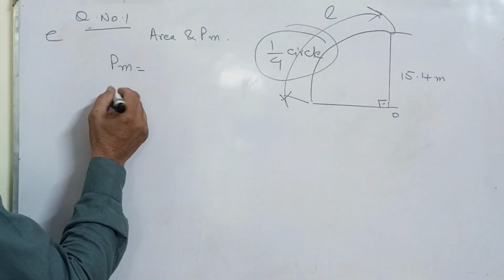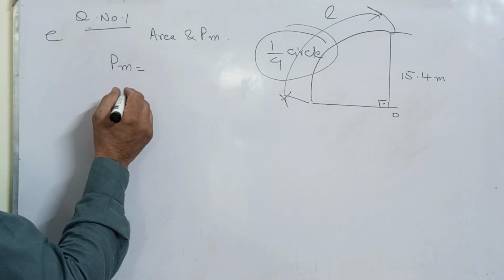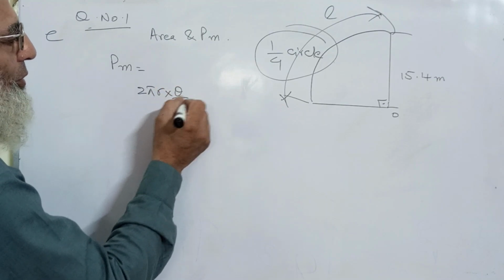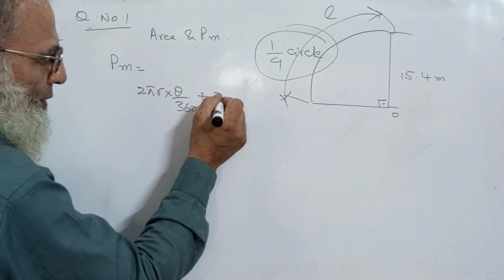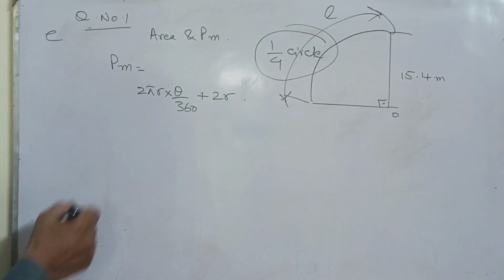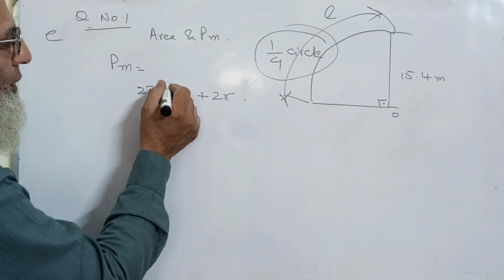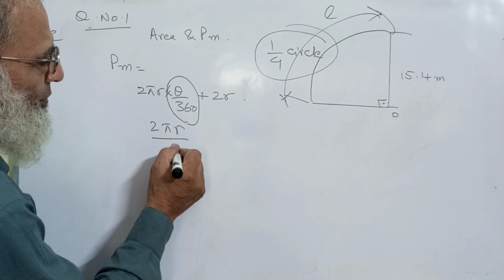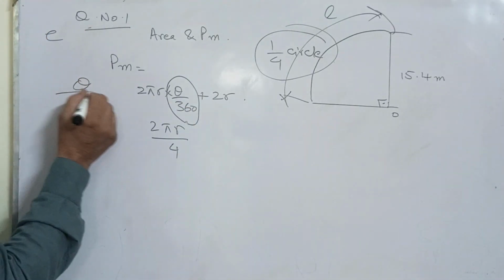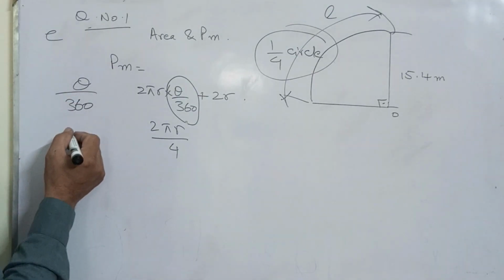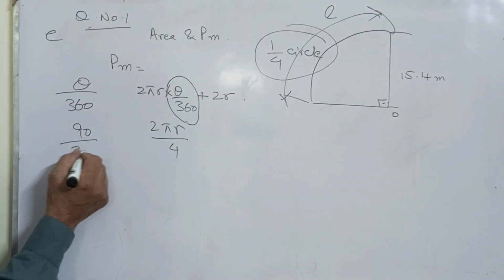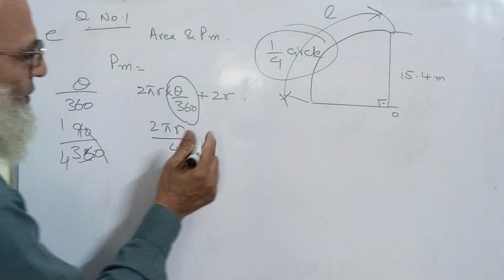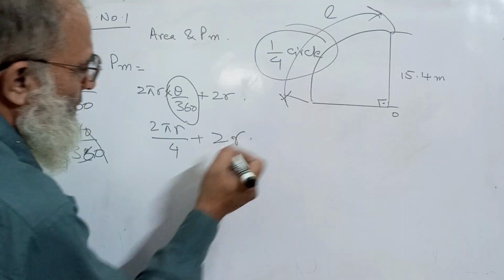So what was our formula for perimeter? It was 2 pi r multiplied by theta upon 360 plus 2r. Now this can be changed to 1 by 4, because 90 upon 360 is 1 by 4, which is transformed here. So 2r.